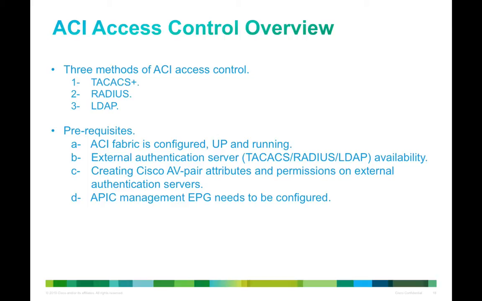ACI Fabric must be configured up and running in a healthy condition before you configure the access control methods. External authentication servers such as TACACS, RADIUS, or LDAP must be configured and available to serve the ACI users. Create Cisco AV pair attributes and permissions on your external authentication servers. APIC management EPG needs to be configured.